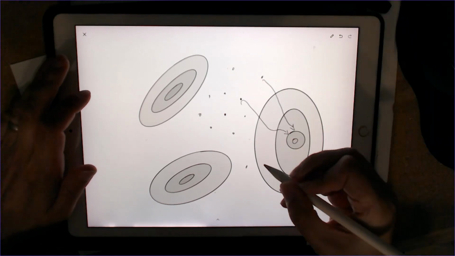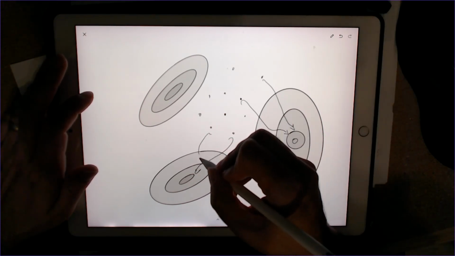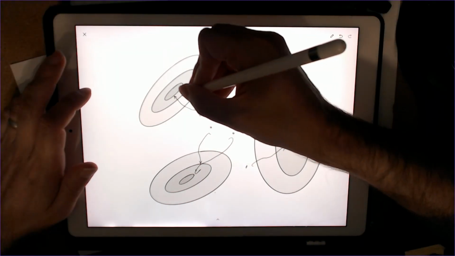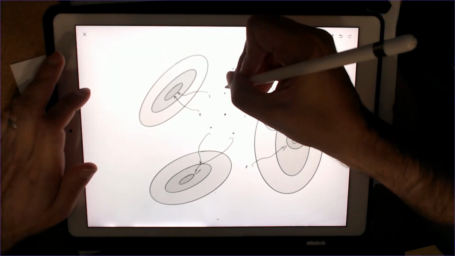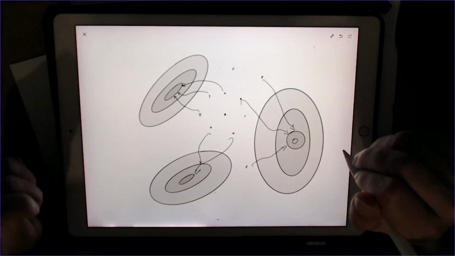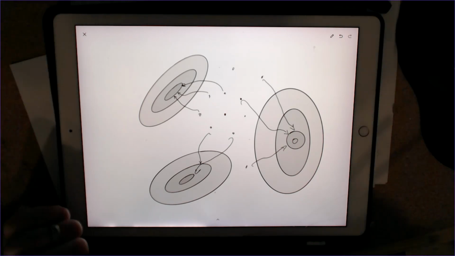So they migrate through to the best places in the market for them. And this is what we see happening in this sort of business model life cycle.